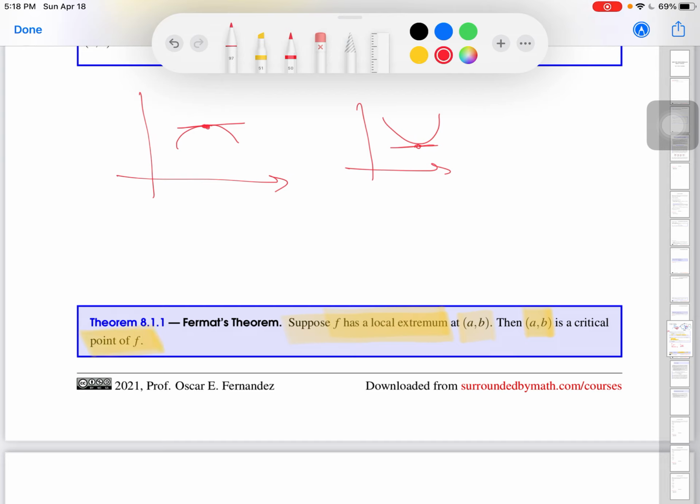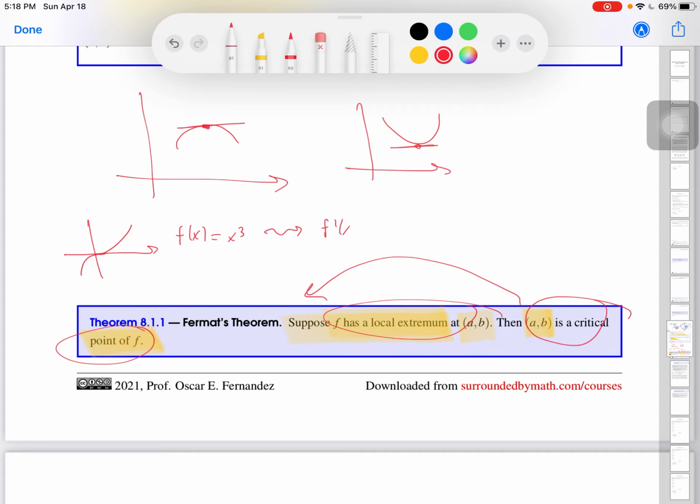This is the source of a lot of confusion in single variable calculus, because often we think that it goes the other way as well. We think that if you're a critical point, then you have a local extremum there, but that's not true. The example in single variable calculus that's always used to illustrate this, a very simple example, is x cubed.